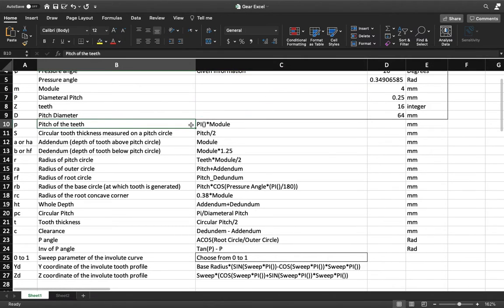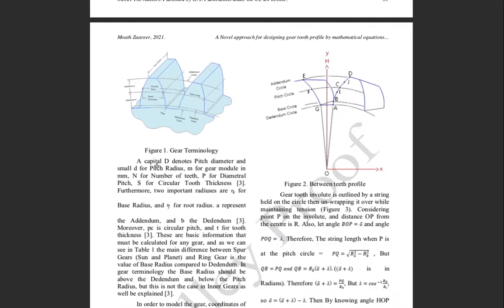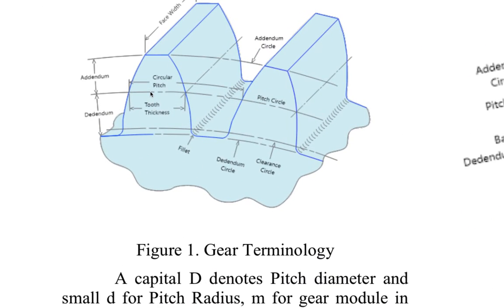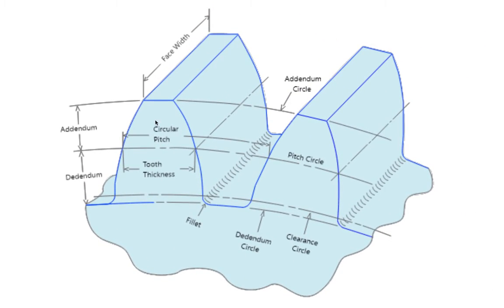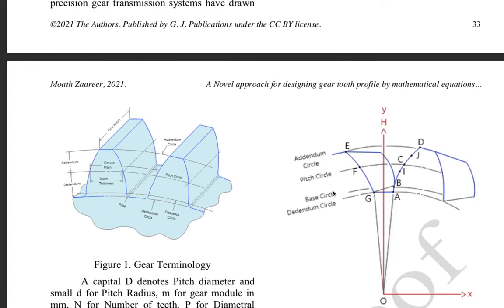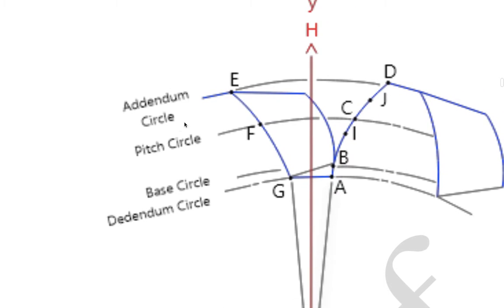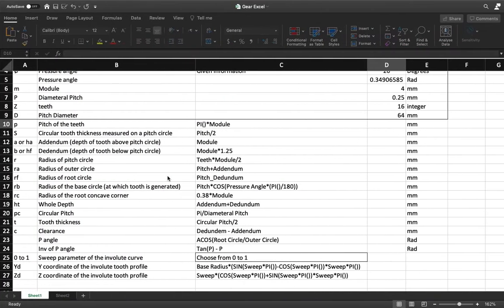What you have to do is just fill out all the information and follow my steps. Pitch diameter. As you know, pitch is here. This is the drawing that I drew. Here's the pitch circle, pitch radius. Here is also another representation of the pitch circle. I apologize for the quality, I'm screen recording on my computer.